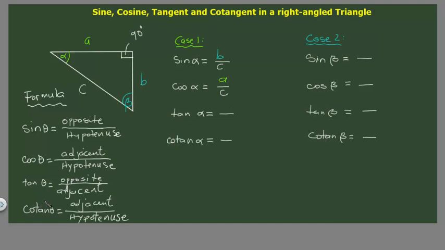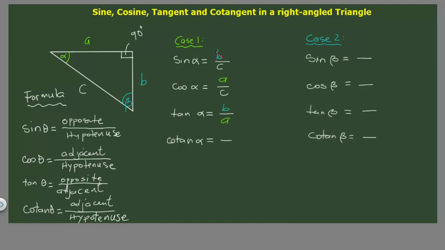And now we know that the tangent, or the tan, is the sine over the cosine. In other words, the opposite side over the adjacent side. The opposite side of alpha is b, and the adjacent side of alpha is a. So we're going to have b over a.